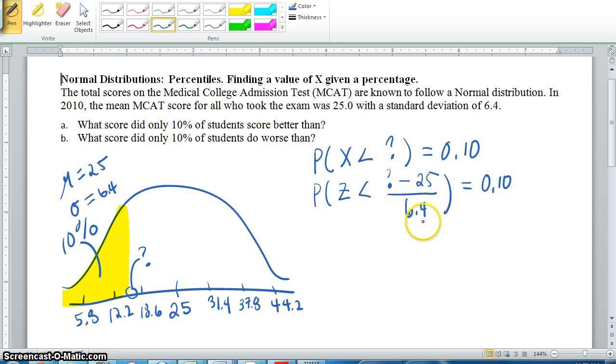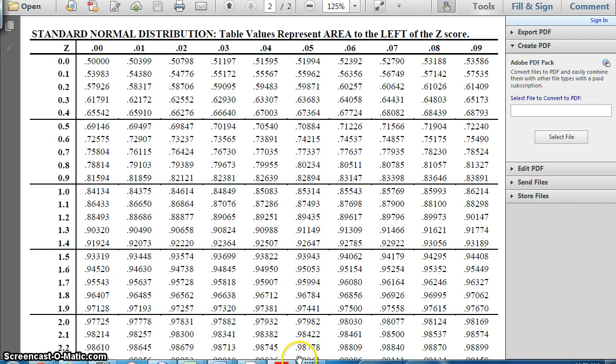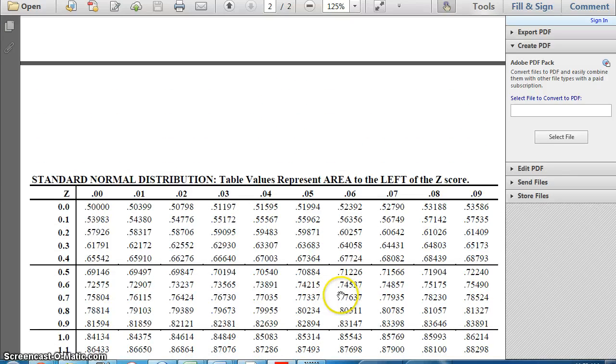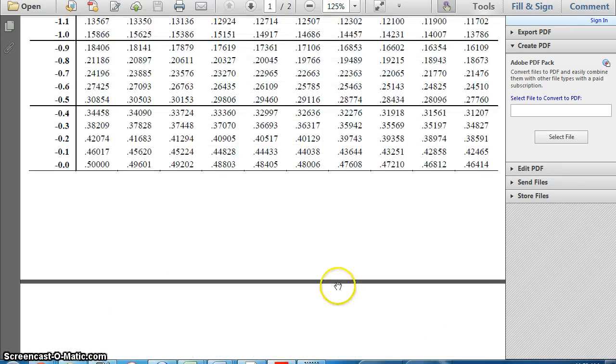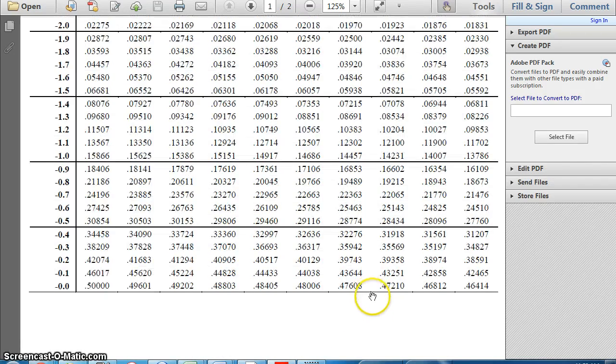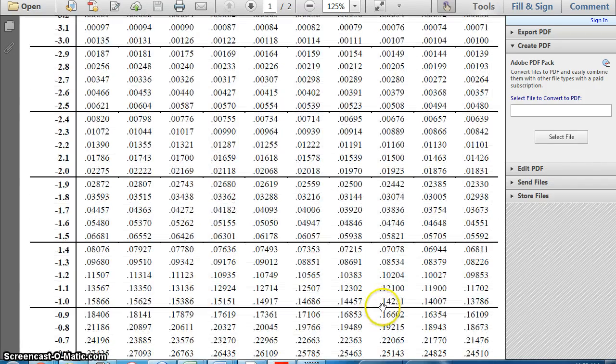So I need to find the corresponding z-score that makes this true, that in which 10% of the data fall below that value. So I'm going to go over to my standard normal table. And something to think about is that anytime you have a percentage below 50%, your z-score will be negative. So I want to find 0.10. I find these two values, 0.10027 and 0.09853. This is about the closest I'm going to get.